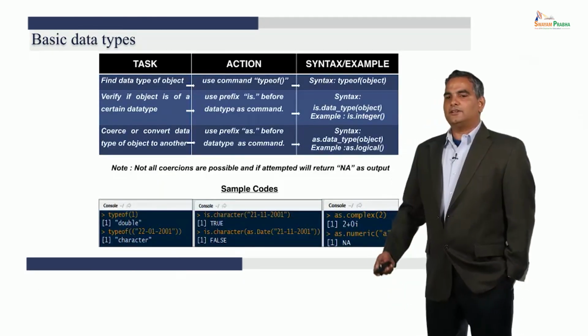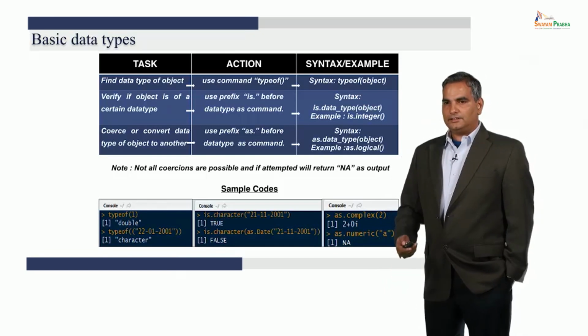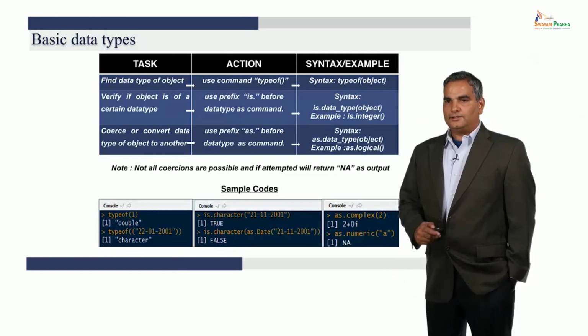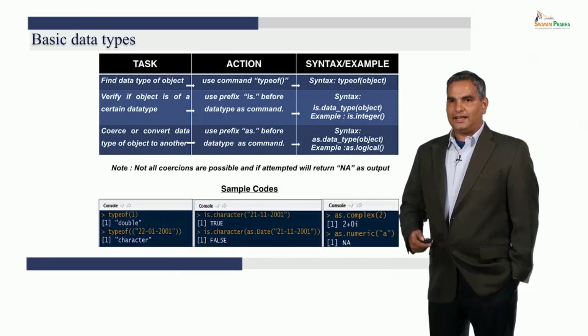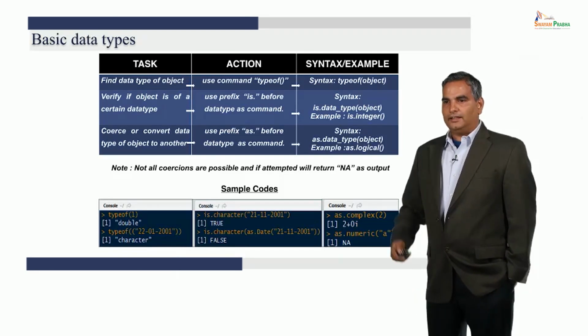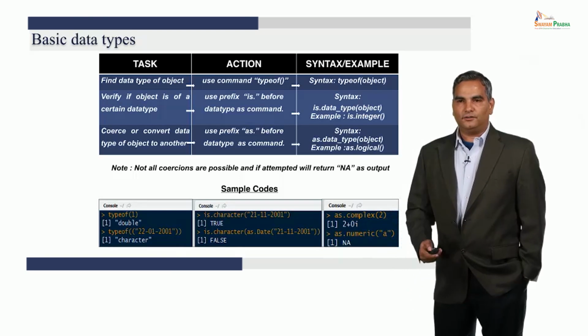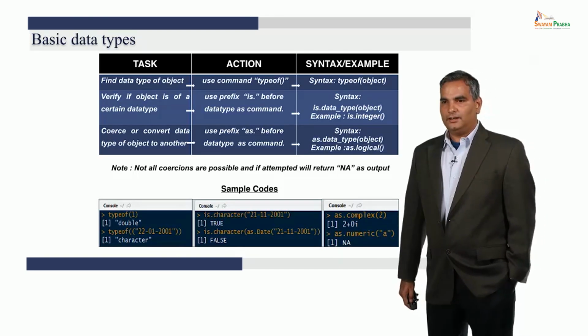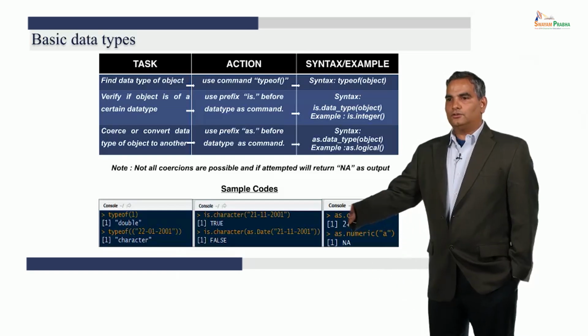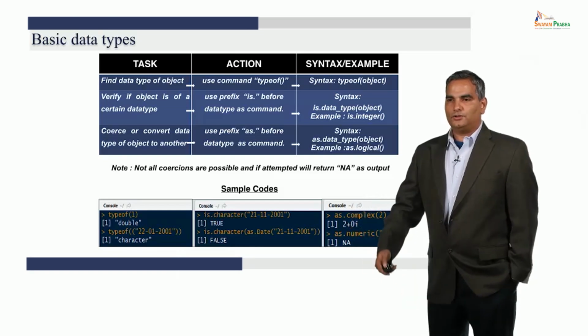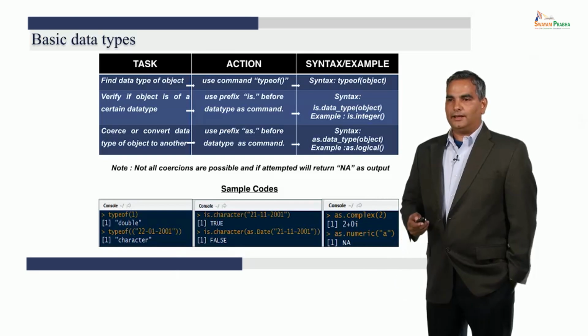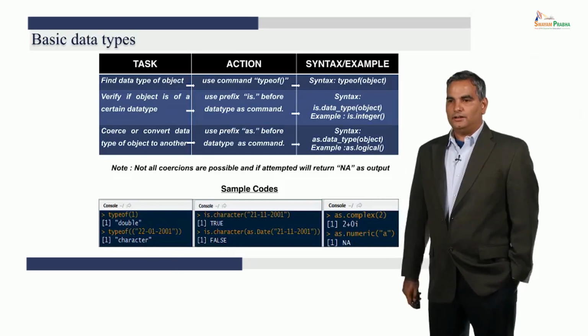There are several things that you can do with the data type. In this slide, what we're going to show is a table which talks about the tasks that you can do, and then the syntax for that. So if you want to find the type of an object, the action that you should do is typeof. The syntax is, whatever object for which you want to find the type, you simply say typeof that object.